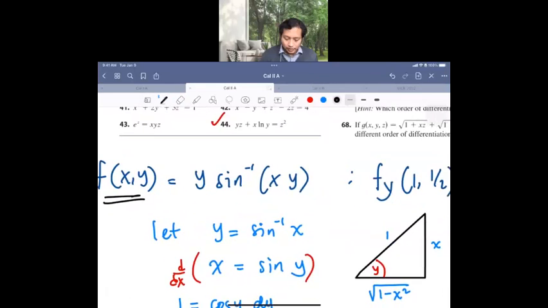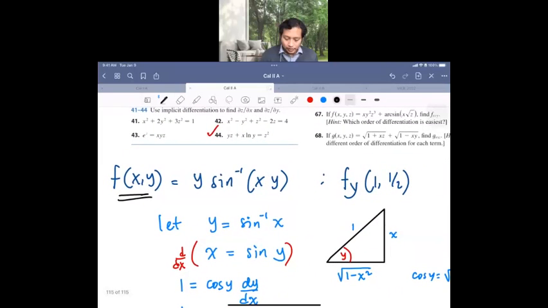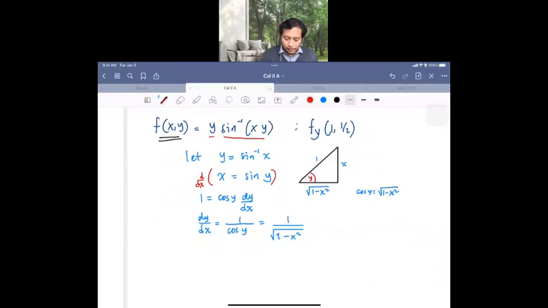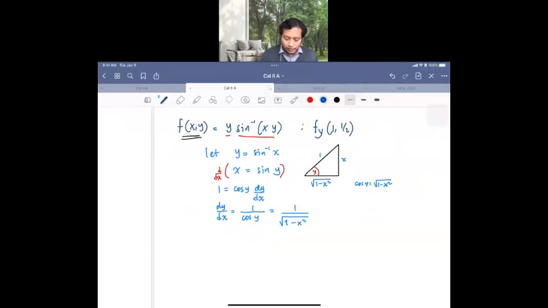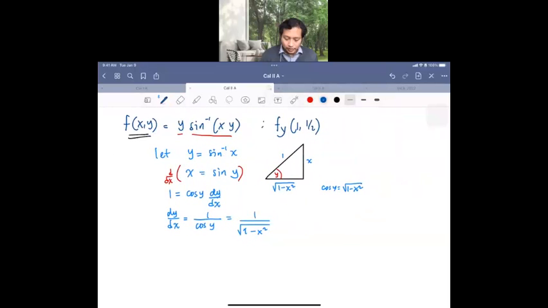Okay. Now, when we have this, then we are going to have two structures, right? So we will be going to use the product rule. So first, we can write partial y of xy.